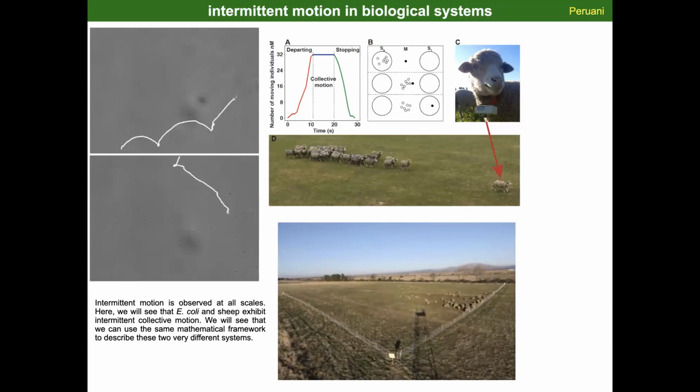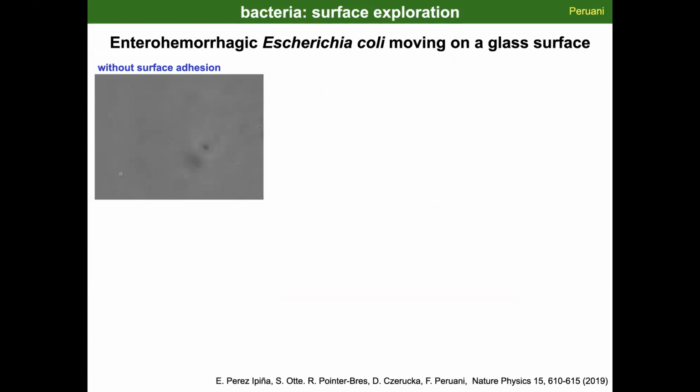Here I'm going to show you what happens with a particular strain of E. coli, which is the enterohemorrhagic one. It's a very pathogenic strain. And here what you see is how they move near a glass surface.